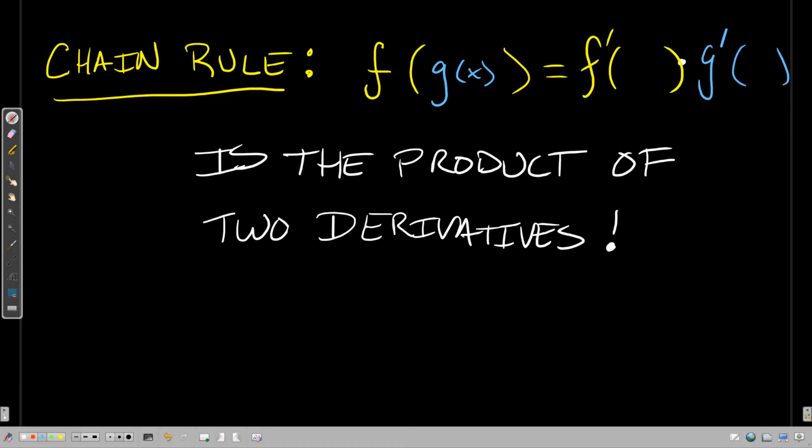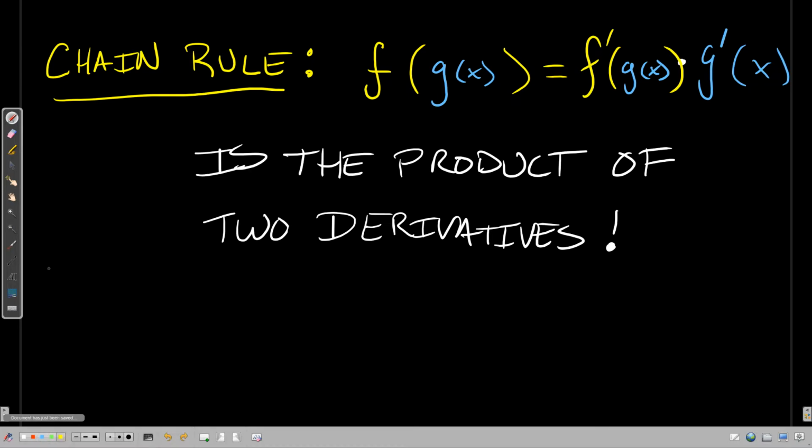Not both of them. G prime gets evaluated at x, but f prime gets evaluated at g of x. And as you can see, it's just this derivative times this derivative.